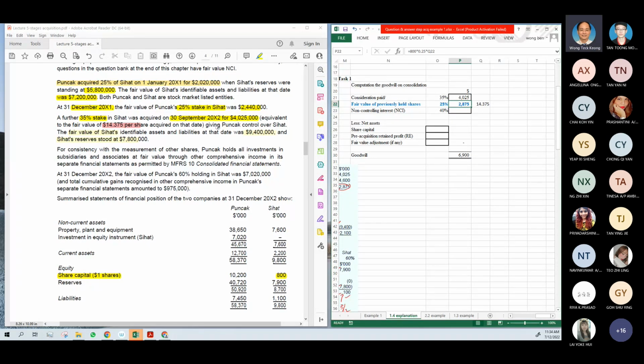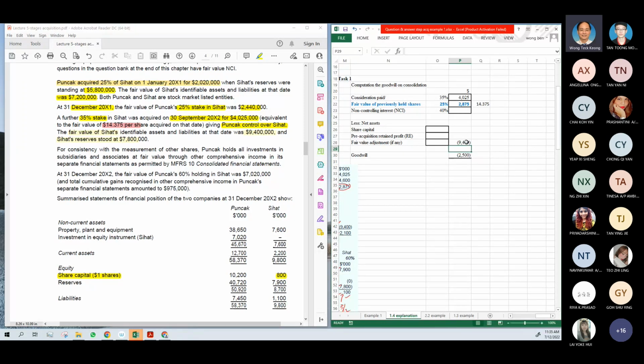So giving Punchat control over Sehat, this is a subsidiary. The fair value of identified assets and liabilities at that date is 9,004. So Sehat reserves stood at 7,008. So the whole fair value of the whole asset and liability, they give you a lump sum. Very kind. They tell you, hey, this whole thing added together, net asset is 9,400.